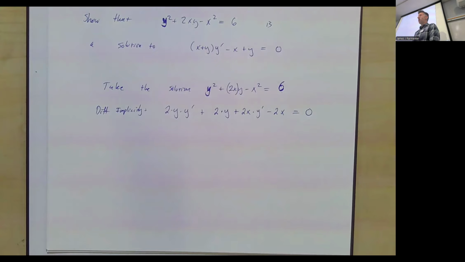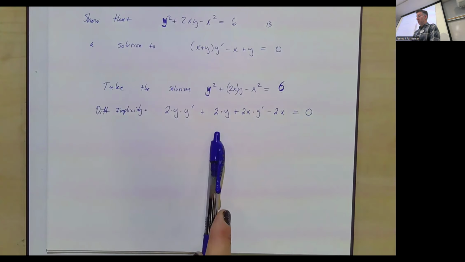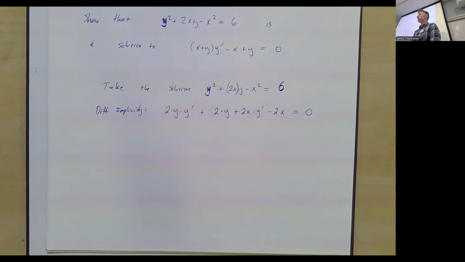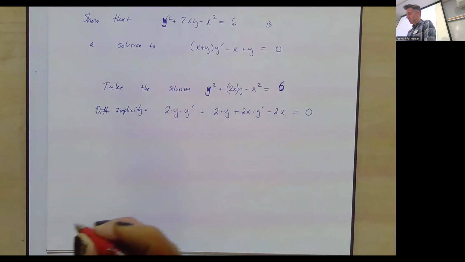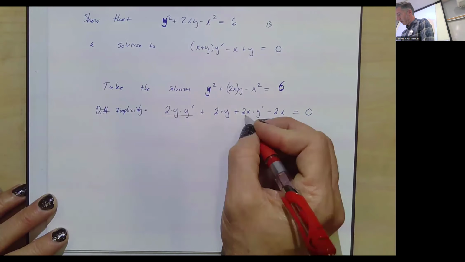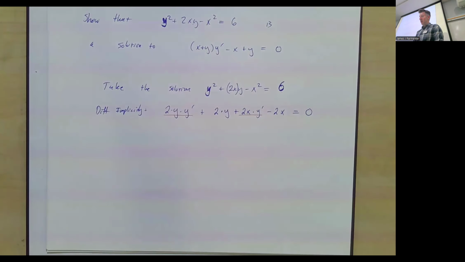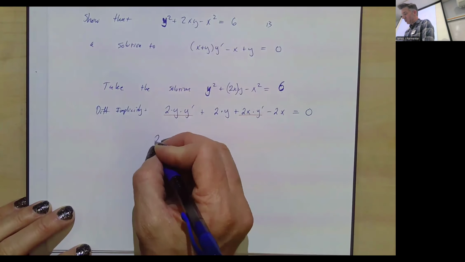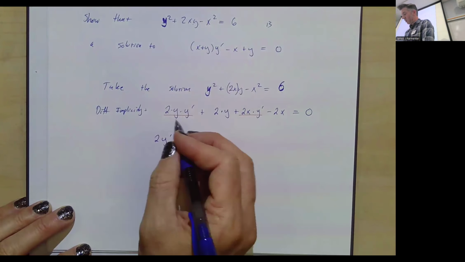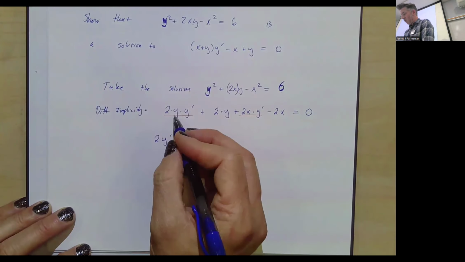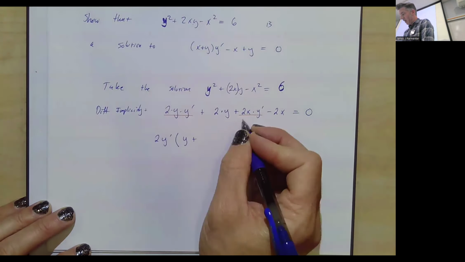Okay. Now our job is to make this equation look like that equation. So I'm going to look at my y prime things here for a second. I'm going to think of grouping those together and factoring out a y prime, maybe even a 2y prime. If I factor out a 2y prime from those two terms, I'm left with a y and an x.